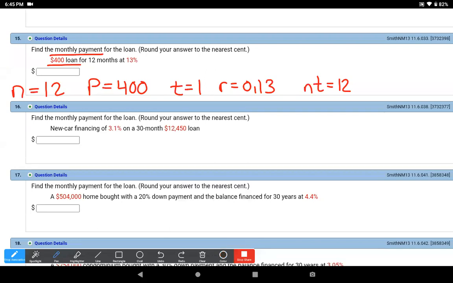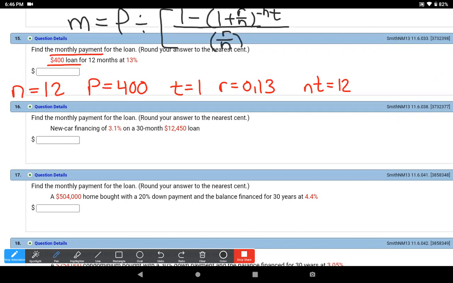So using the formula to solve for M, which is P divided by the quantity of the quotient 1 minus 1 plus R over N raised to the negative NT, all over R over N. Sorry, I'm getting tongue-tied.